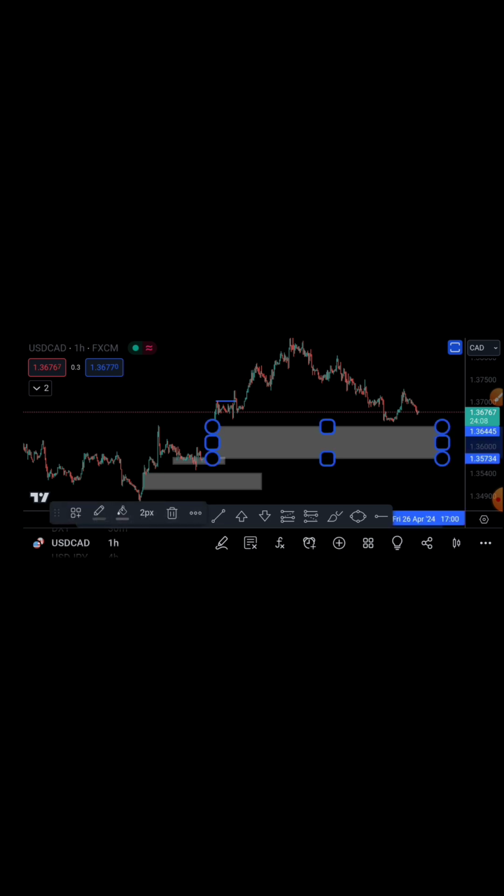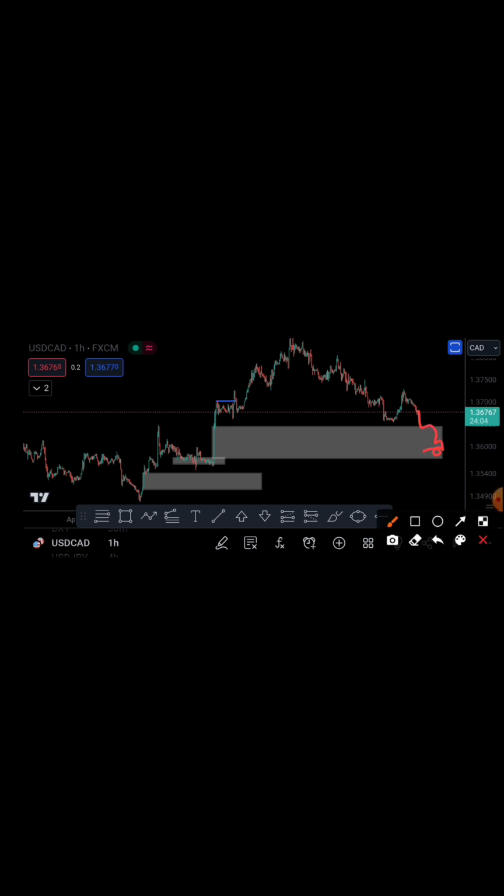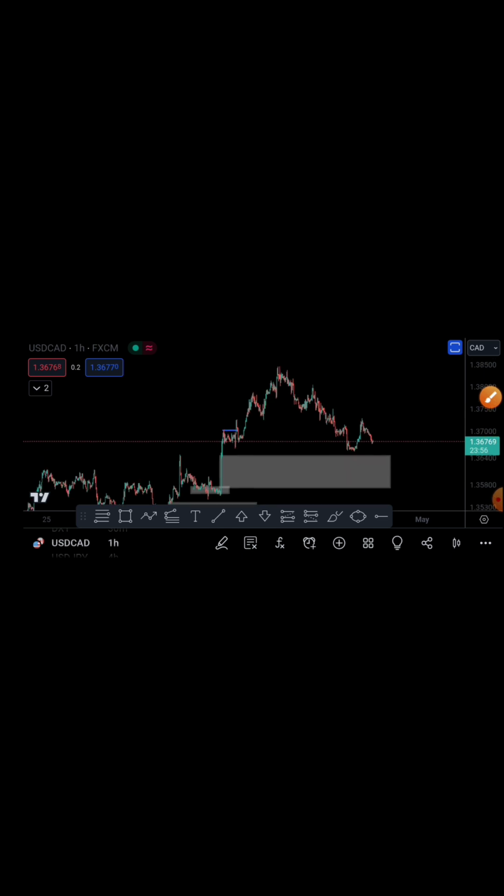So I would like to see the market come into this point, take liquidity, and a further push up to the upside. I like to see it, and that is why this market is coming down, because it actually wants to fill up this fair value gap, then tap liquidity at this place and further push up.